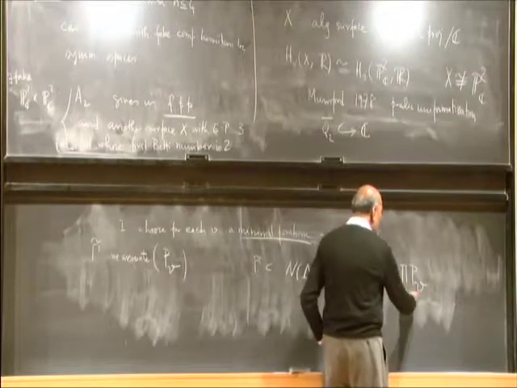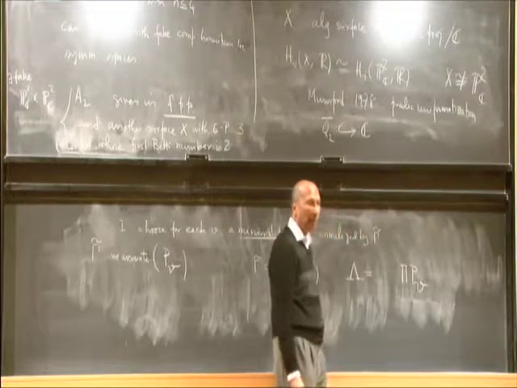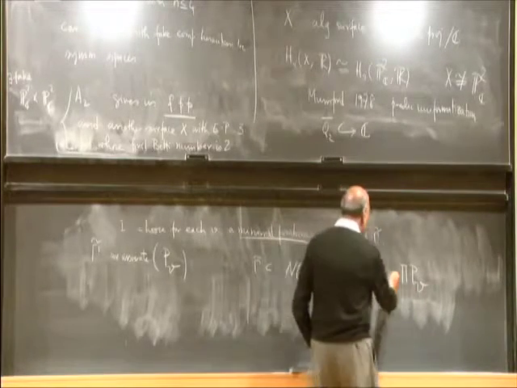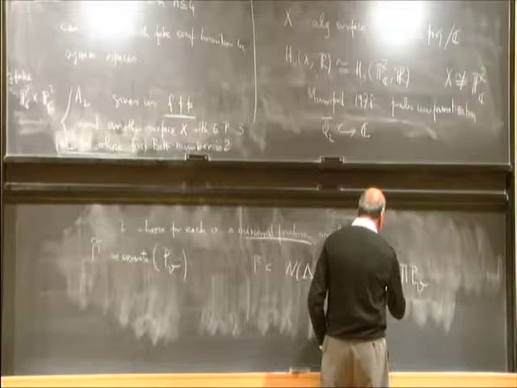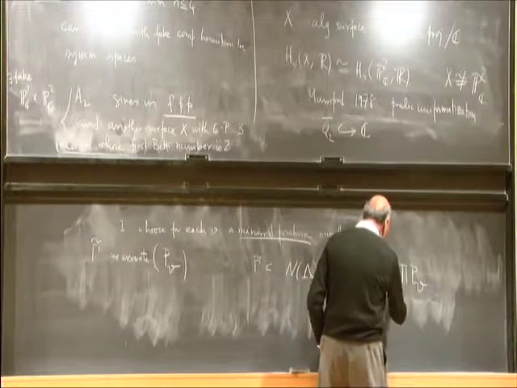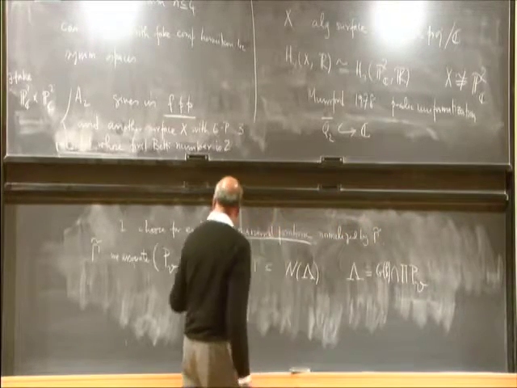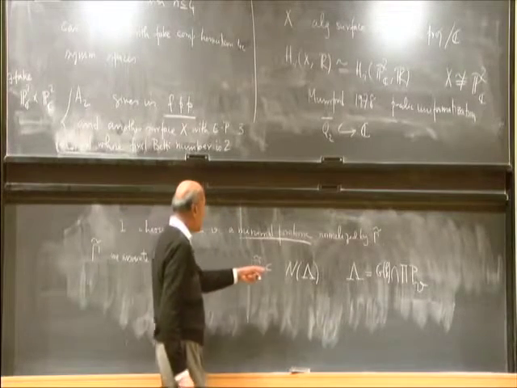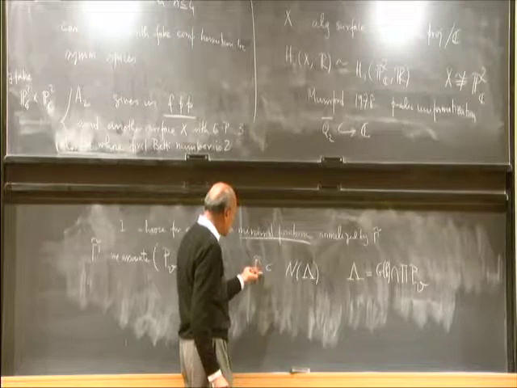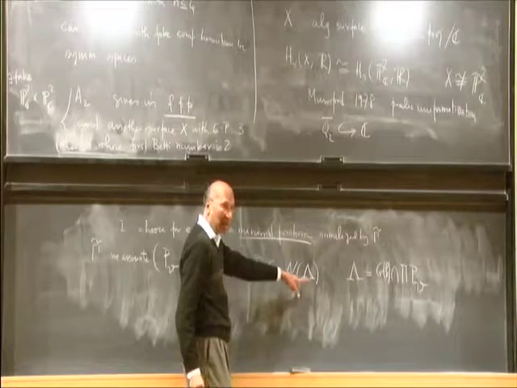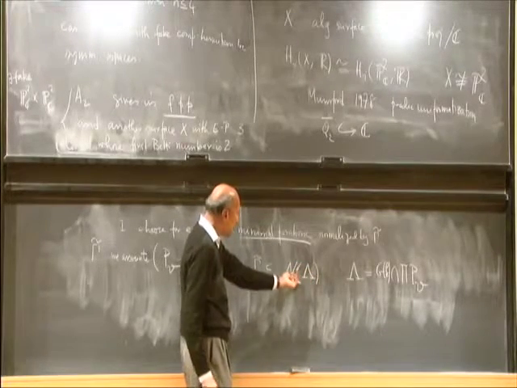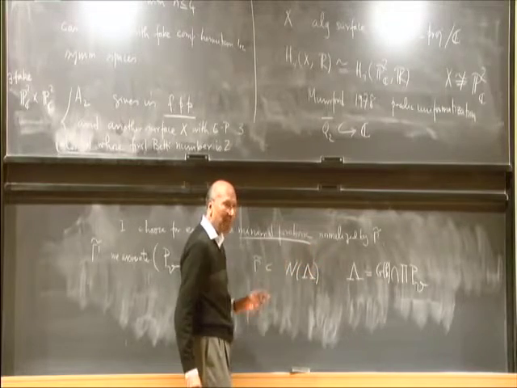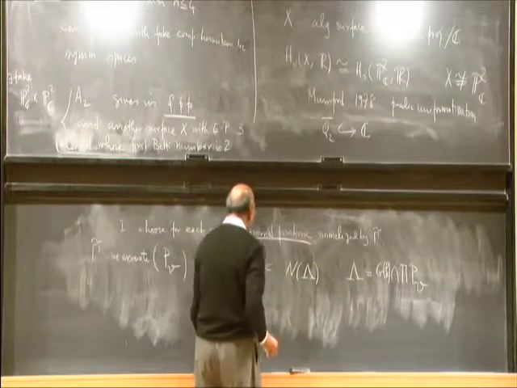So you think of this inside the adele group of G, and you look at the intersection of this with the group of K-rational points. Because each P_V is normalized by gamma tilde, it's clear that gamma tilde normalizes the collection P_V, therefore it normalizes lambda, which is given by the P_V. So this is the normalizer.